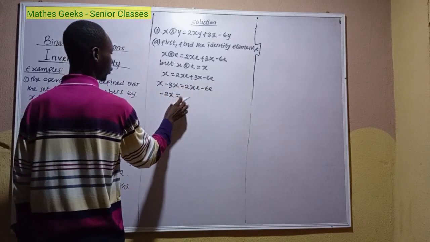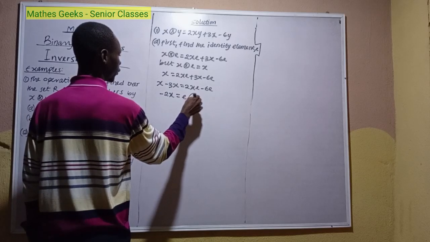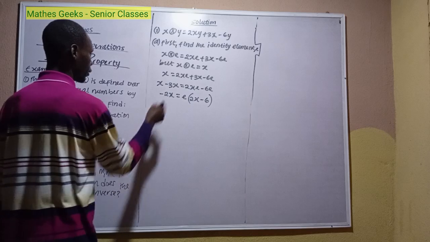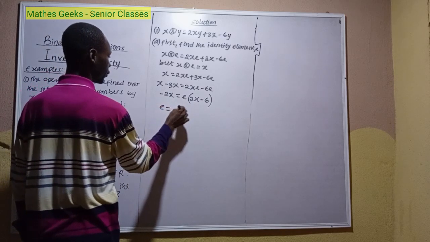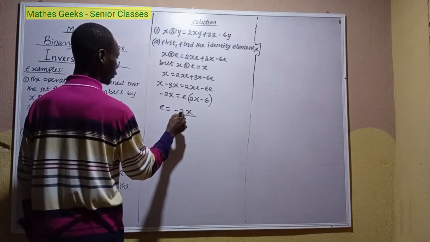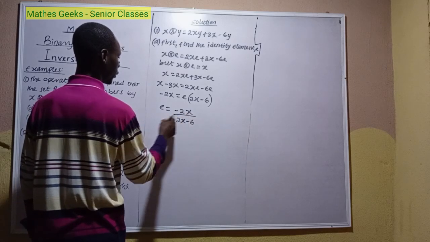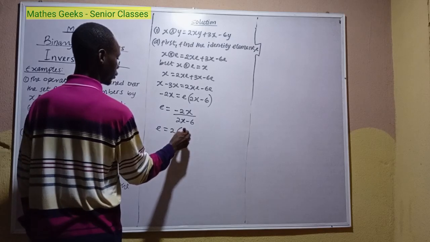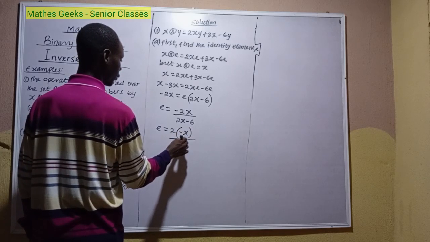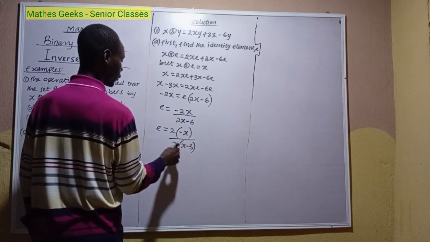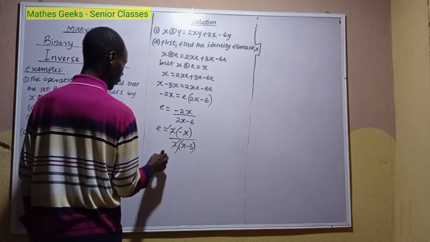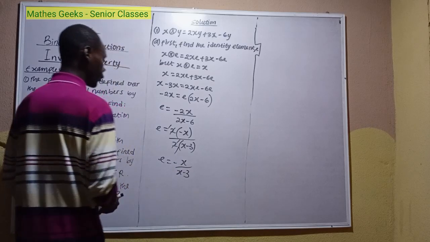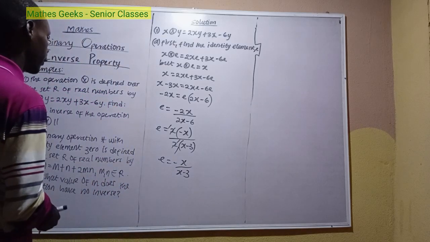Minus 2x is equal to, factor E out, 2x minus 6. So E is equal to minus 2x over 2x minus 6. So E is equal to minus x over x minus 3. So our identity element is minus x over x minus 3.